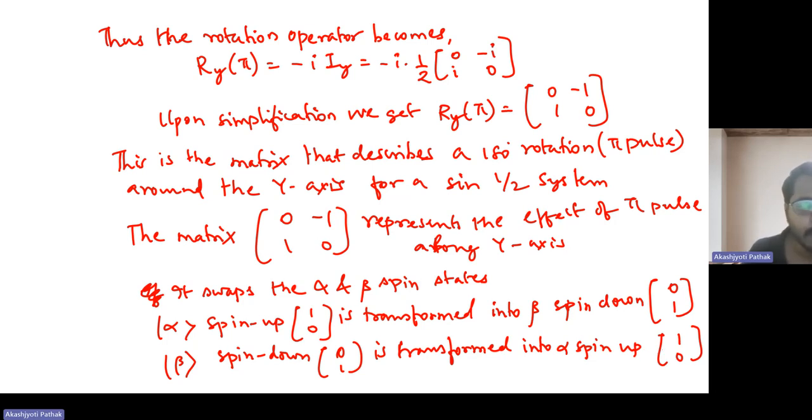This is exactly what we expect from a 180-degree rotation around the y-axis. It flips the spin states, reversing the direction of the magnetization.